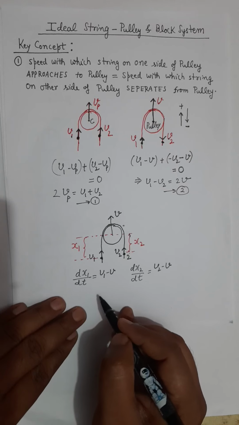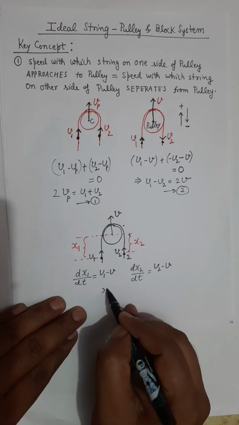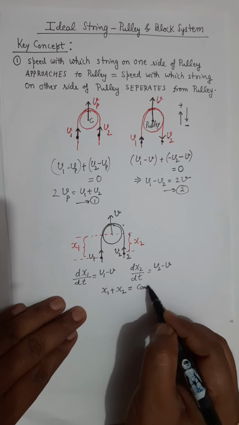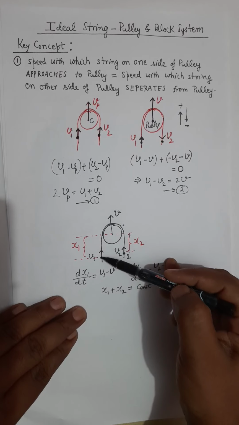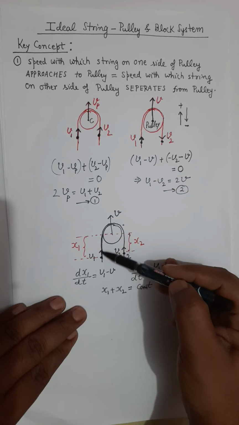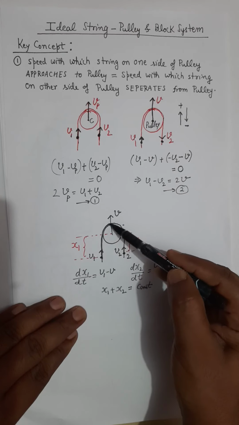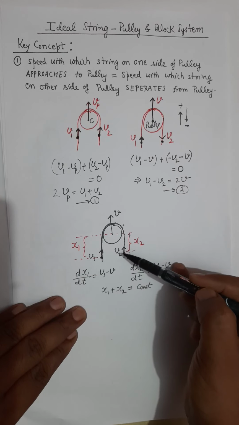Since the string is inextensible, x1 plus x2 will be a constant value. The length of this part of the string plus this length plus the length over the pulley, this total length has to be constant.